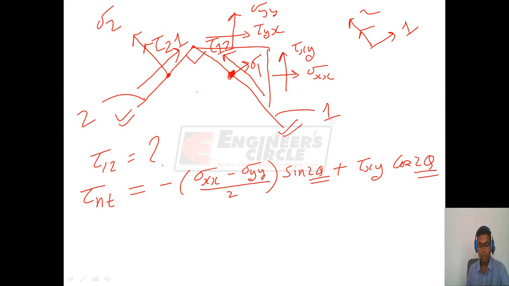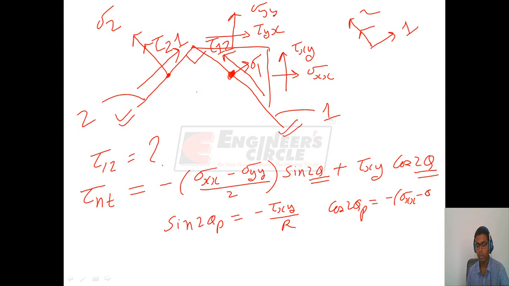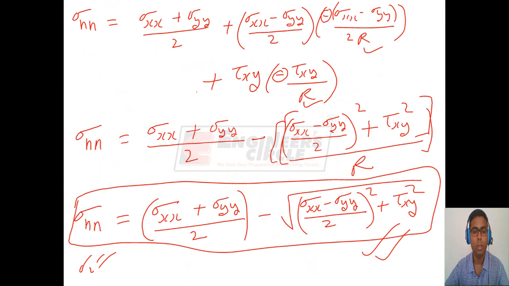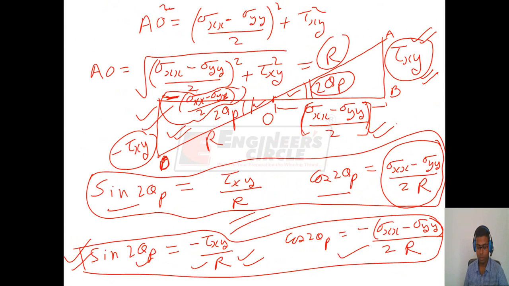We have learned that sine 2 theta p is equal to minus tau xy by R and cos 2 theta p equal to minus sigma xx minus sigma yy by 2R. We found the values of principal planes here. As you can see, you can put either set, either this set or this set.